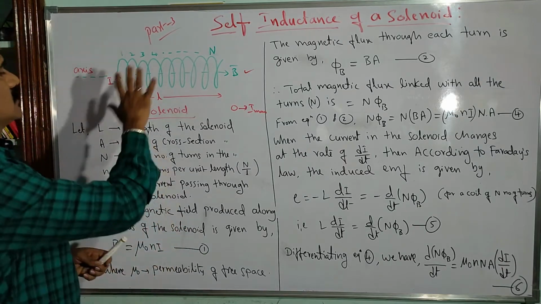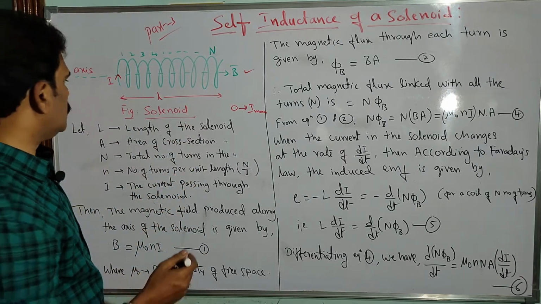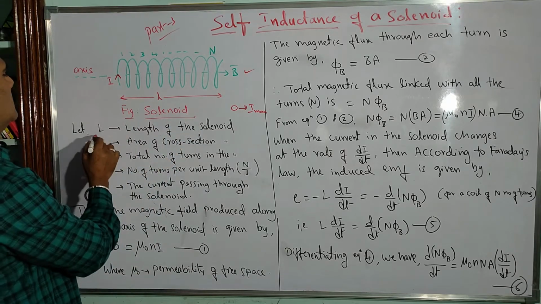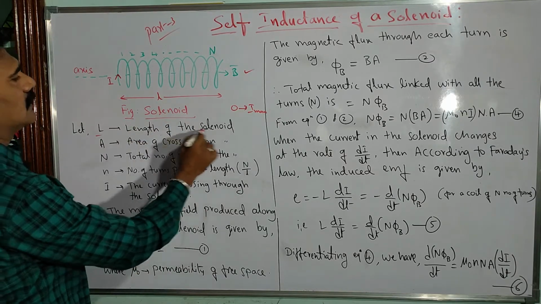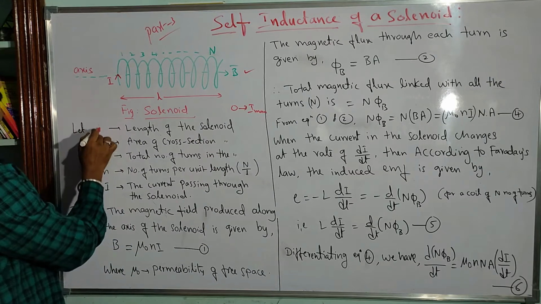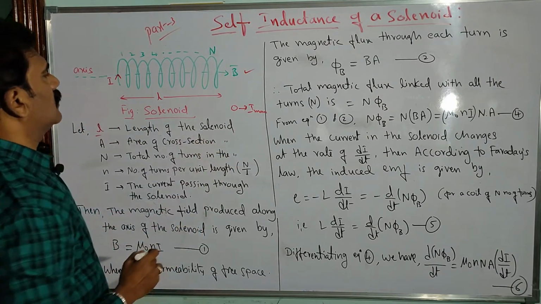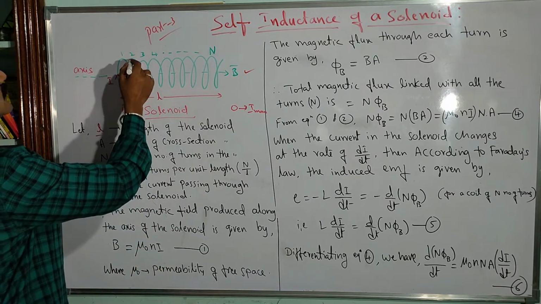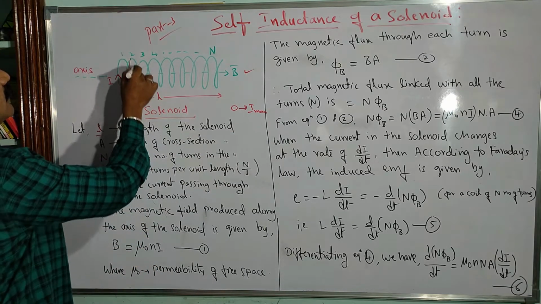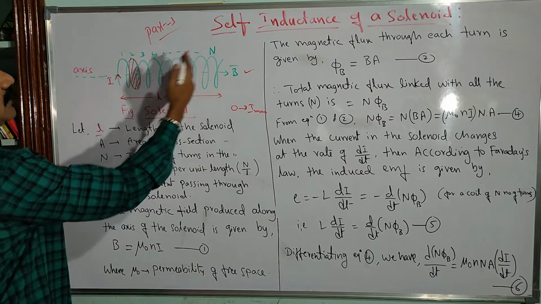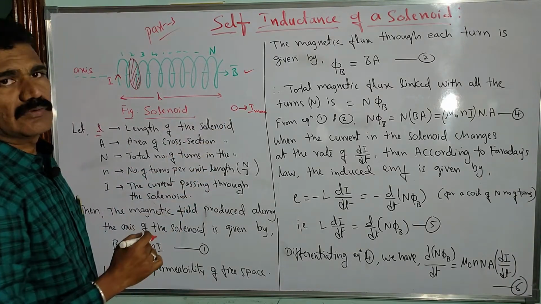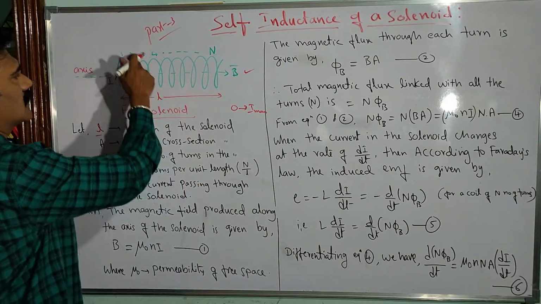Now, in this solenoid, what are the considerations? We are considering a solenoid of length l. Let it be small l, I have taken a small l here, and small l here also. This is the length of the solenoid, and in this case we can assume that it has an area of cross section like this, perpendicular to the direction of the axis.